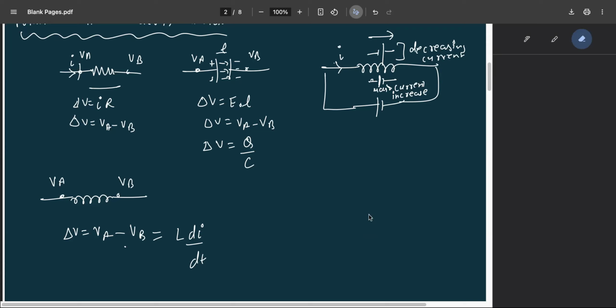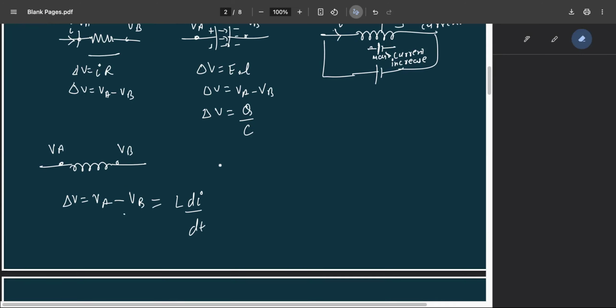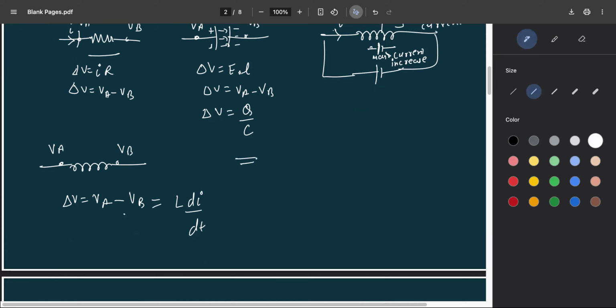Yes, sir. Okay. Look, if you feel any doubt, please let me know. Why? Because this situation actually seems like this, A and B, because of increasing or decreasing current.